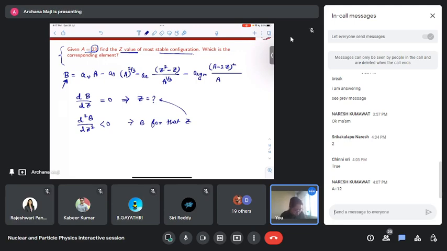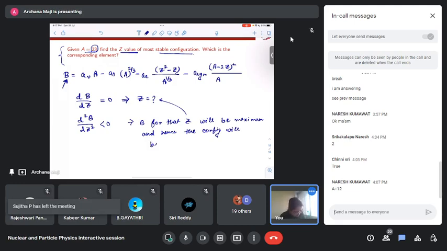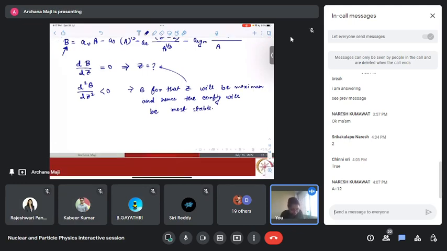B for that Z will be maximum, and hence the configuration will be stable. So let us do it quickly.